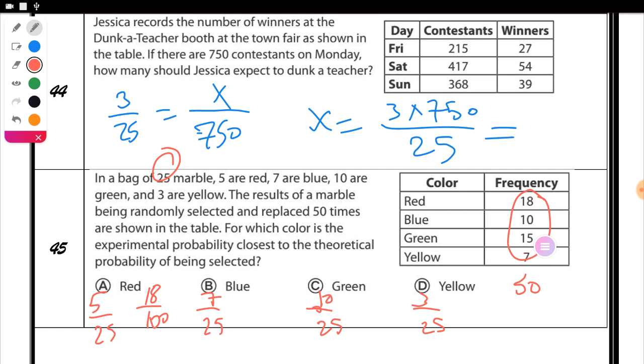Also the same for blue: it will be 10 over 50. For green, it's 15 over 50. For yellow, it's 7 over 50. We need to calculate each one and see the difference. We'll find the closest difference is yellow, which is the right answer.